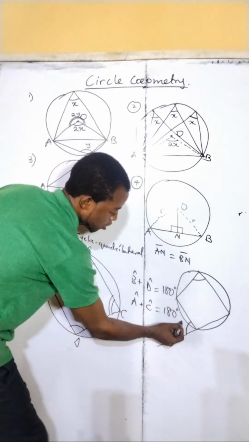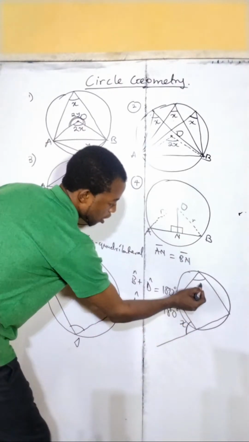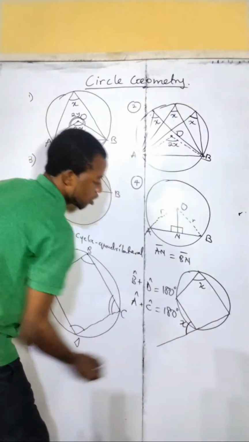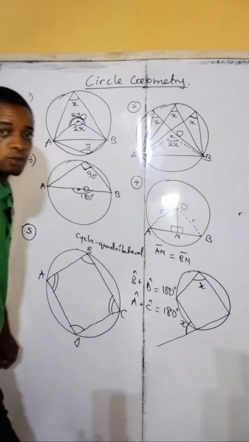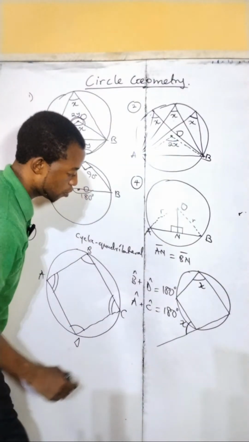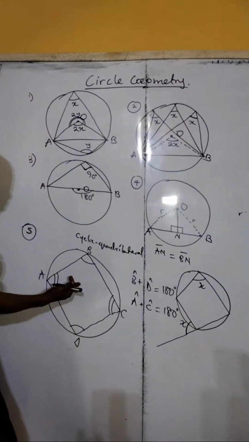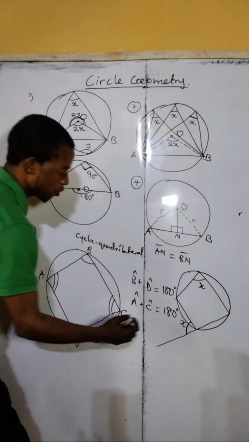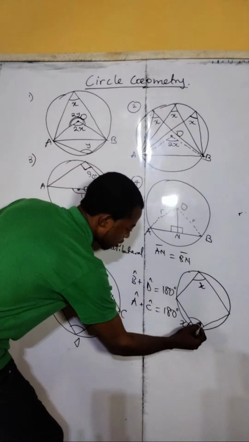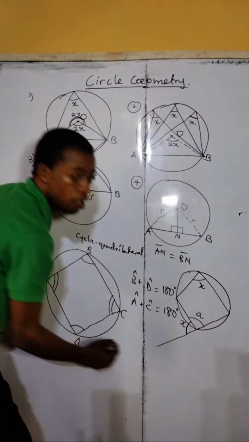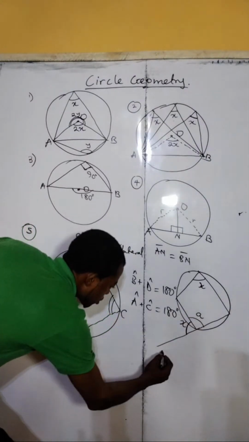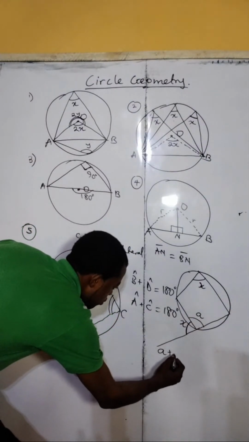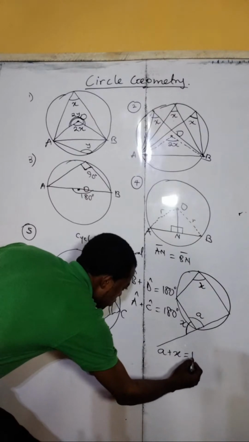So if this angle outside here is x, this angle here too will be x, because it's the opposite angle of the cyclic quadrilateral. Now we can prove this as well. Don't forget that if this angle here is A, for instance, we can establish that A plus x will be equal to 180 degrees.